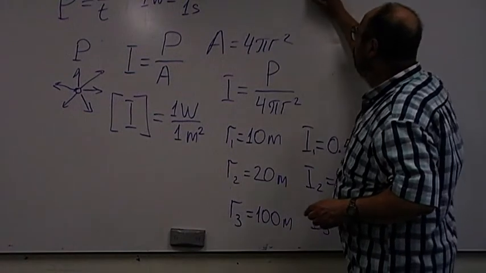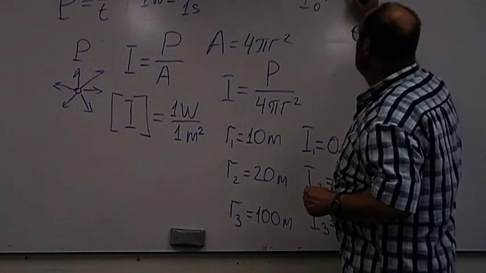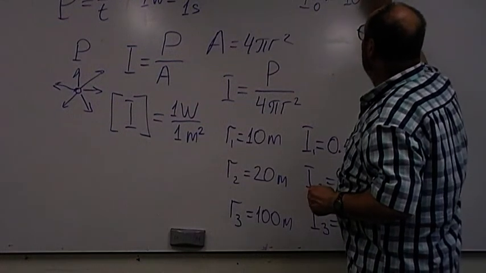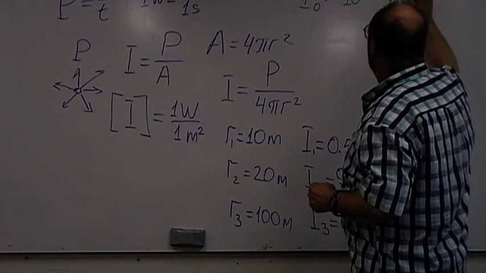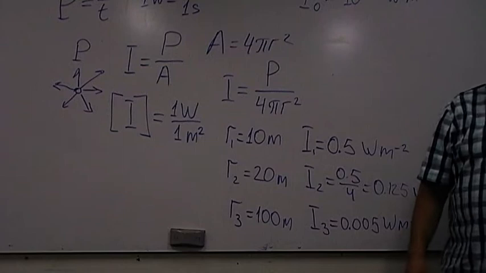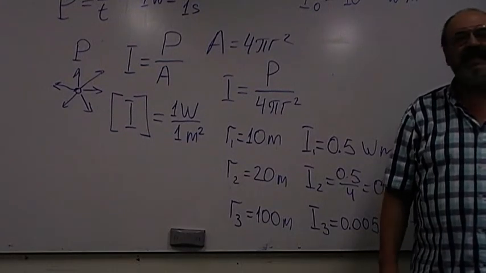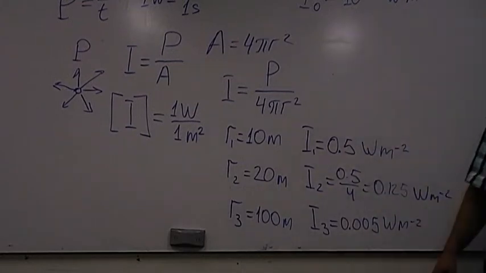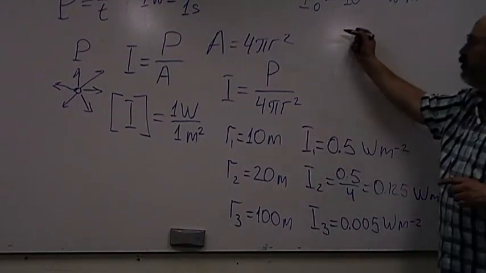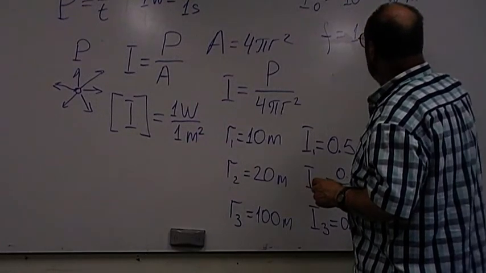And threshold of hearing for human ear is 10 to the power of negative 12 watts per meter squared. That is the softest sound that human ear can respond to. Later on we will see that it's not the same for different frequencies. This is for frequency of the sound at 1 kilohertz, 1000 hertz.